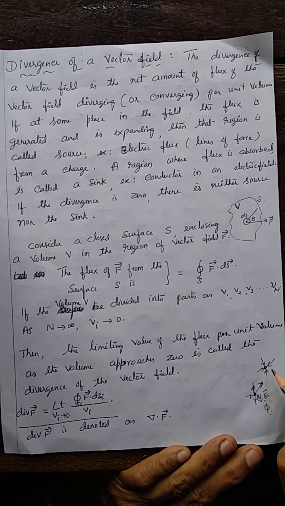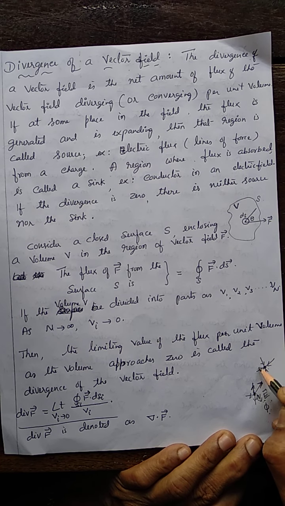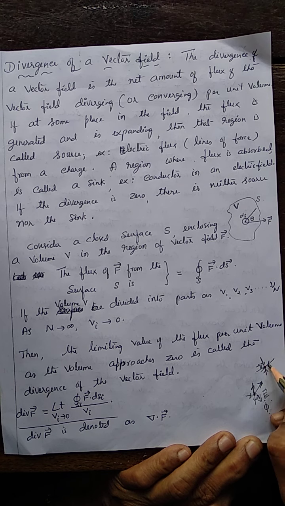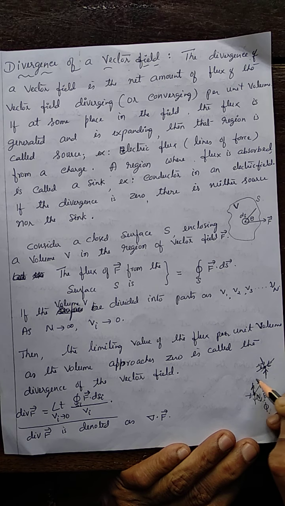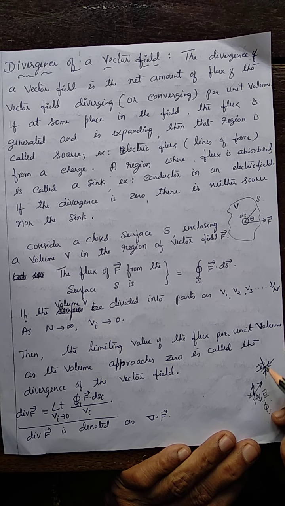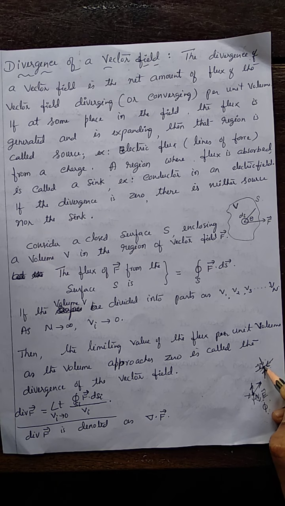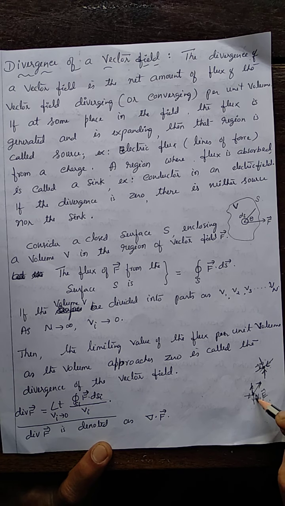This can be explained using a negative charge. If you keep a negative charge at the point, there is an electric field surrounding it, and the lines of force point towards the charge. So the vector field is converging at the point.